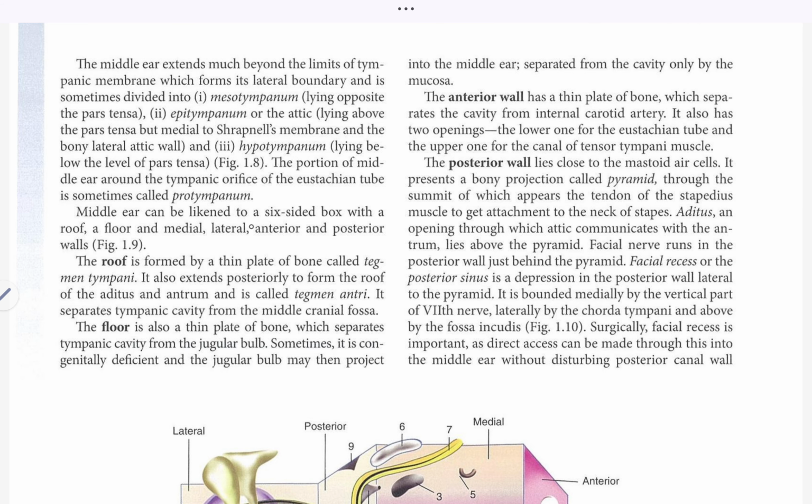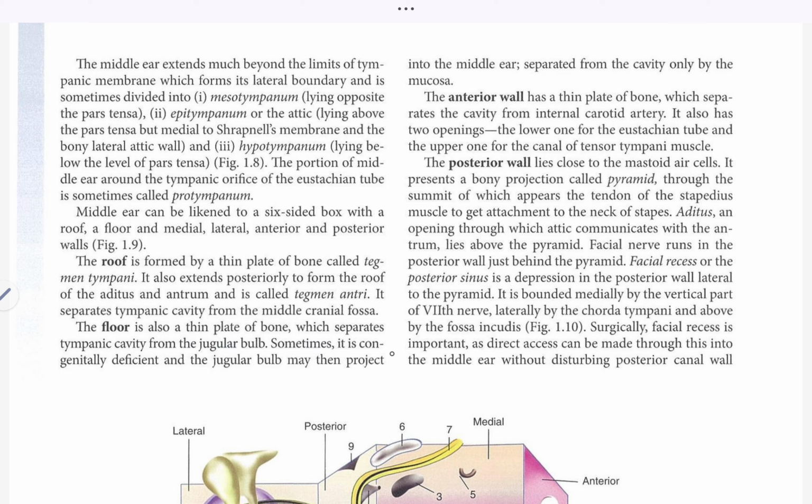The middle ear can be likened to a six-sided box with a roof, a floor, and medial, lateral, anterior and posterior walls. The roof is formed by a thin plate of bone called tegmen tympani. It also extends posteriorly to form the roof of the aditus and antrum and is called the tegmen antri. It separates the tympanic cavity from the middle cranial fossa. The floor is also a thin plate of bone which separates the tympanic cavity from the jugular bulb.